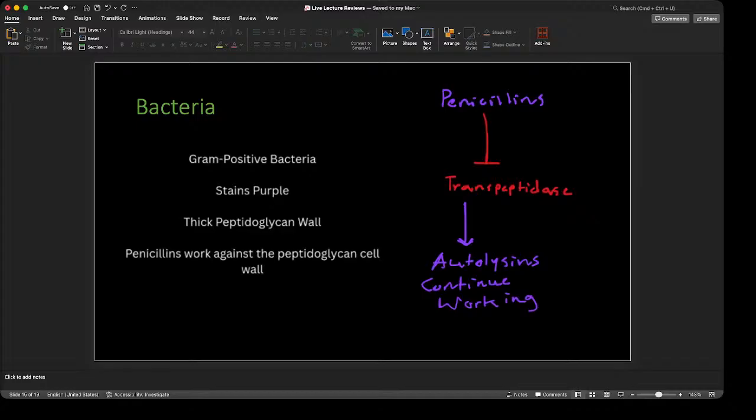And so what's happening here in the diagram is actually preventing that enzyme, so autolysis can continue working. So that's essentially what's going on. It's trying to break down that cell wall. It's a cell wall synthesis inhibitor. That's what the penicillins are essentially doing.